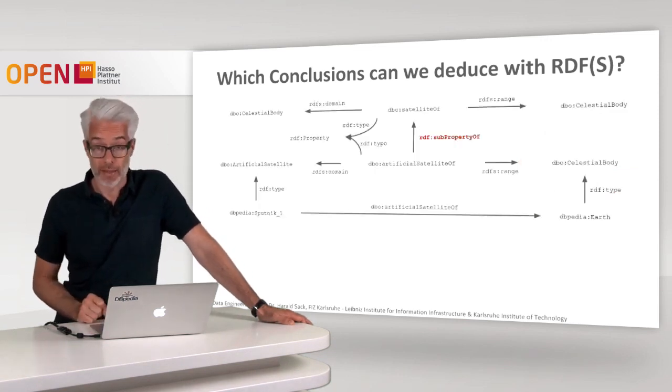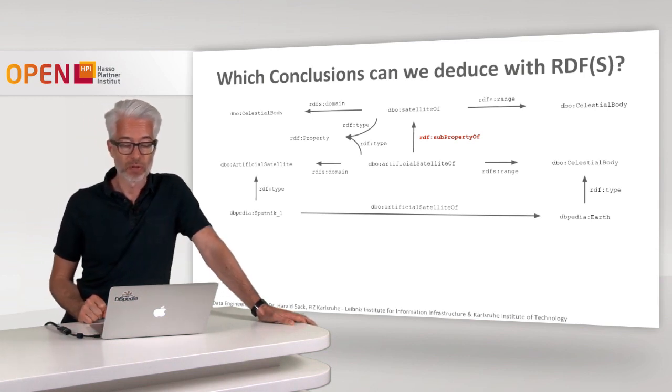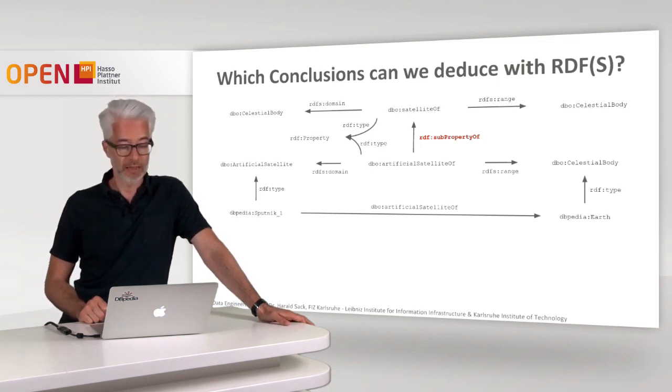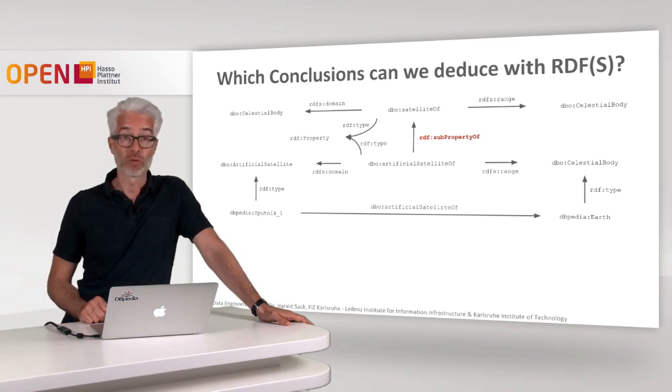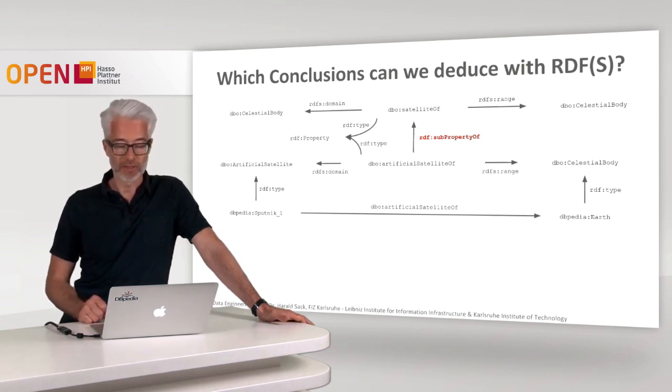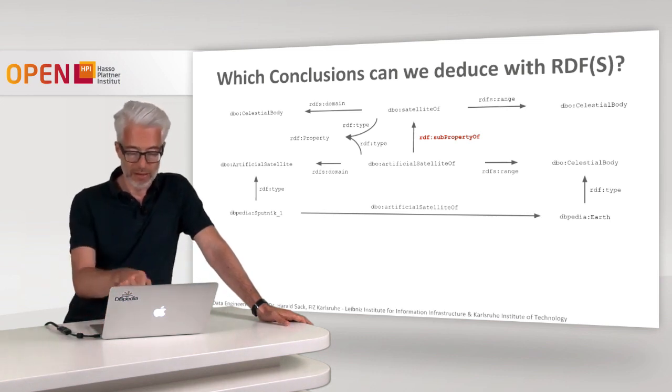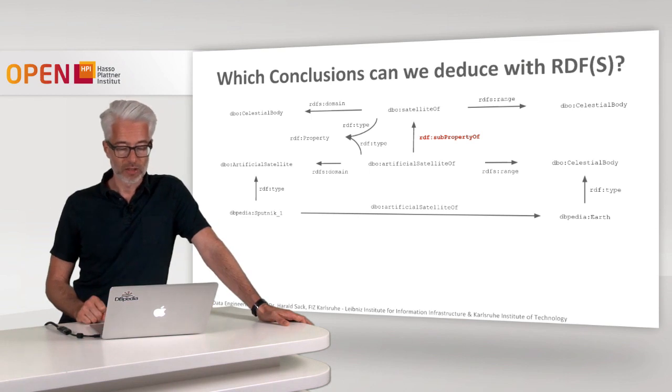Let's have a look at the last example. Here we have a sub-property relationship. So let's start with the first line, the upper line. We have a property which is called satellite of, which is bound as domain and range to celestial bodies. And we say artificial satellite of is then a sub-property of satellite of, which is bound to its own domain and range restrictions.